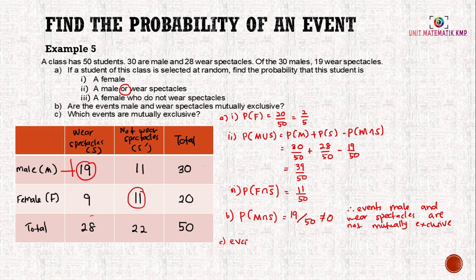So event male and female are mutually exclusive because it cannot occur at the same time.